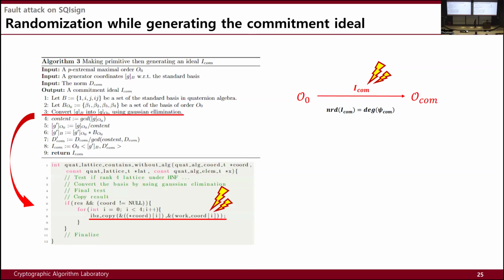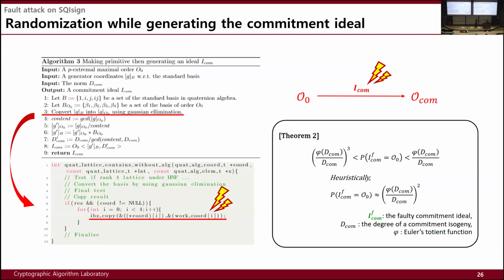And there's a randomization vulnerability while generating the commitment ideal. When the ideal is generated, there is a checking process on whether the generator is primitive or zero. This can be realized by using Gaussian elimination, and in Gaussian elimination there is a copy function. Then the attacker can inject a fault into the copy function.